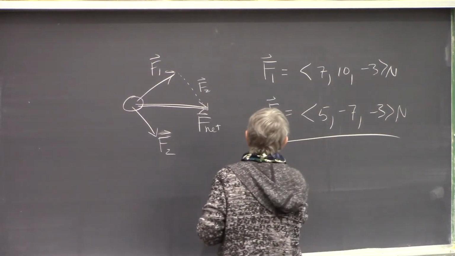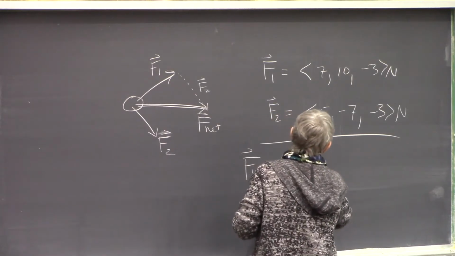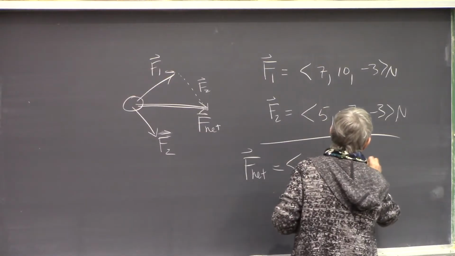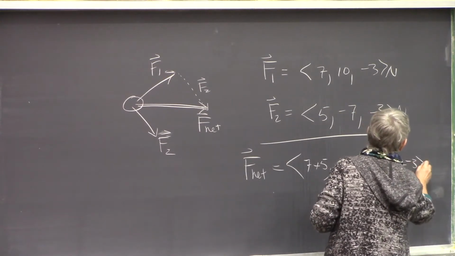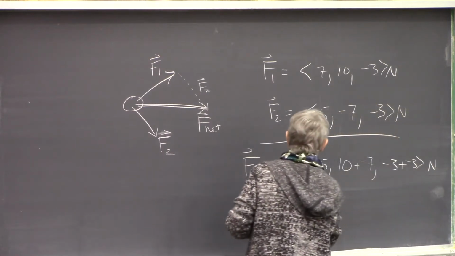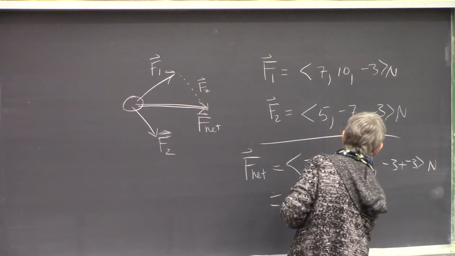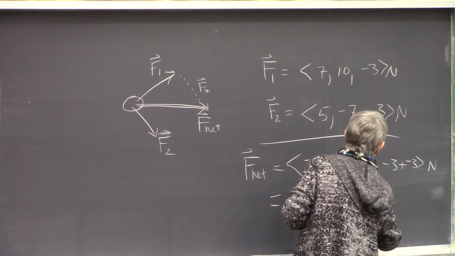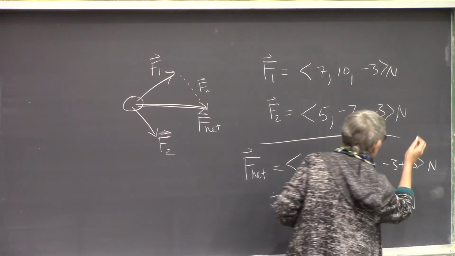So F net is going to be 7 plus 5, 10 plus negative 7, negative 3 plus negative 3 newtons, or 12, 3, negative 6 newtons.